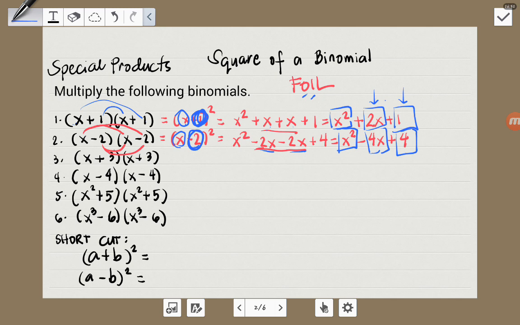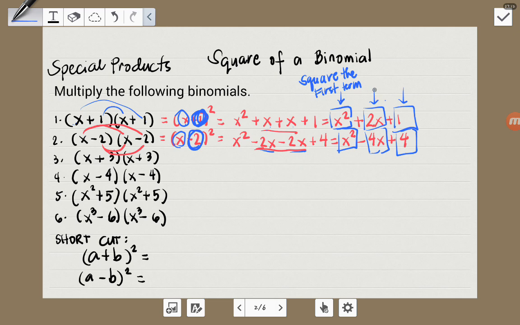Again, para makuha si first term, ang ginawa lang dyan ay square the first term.